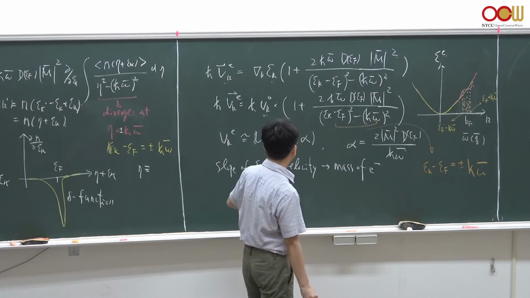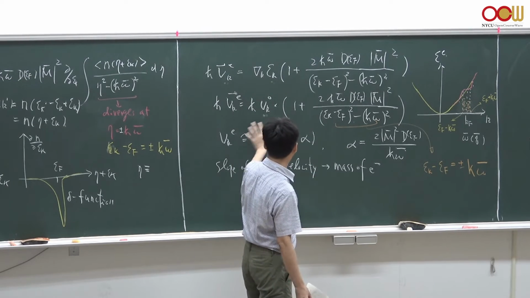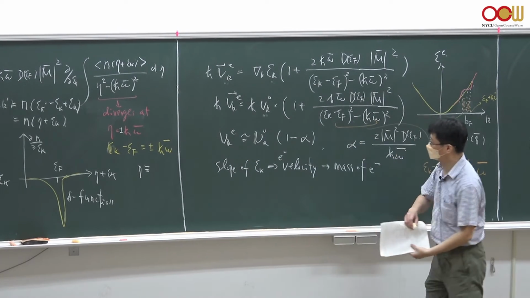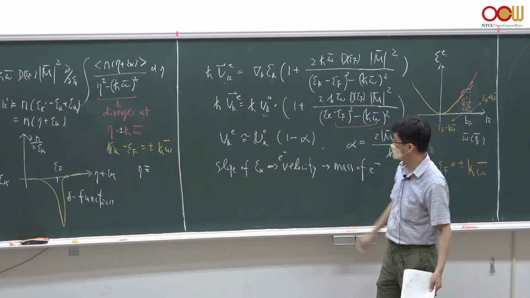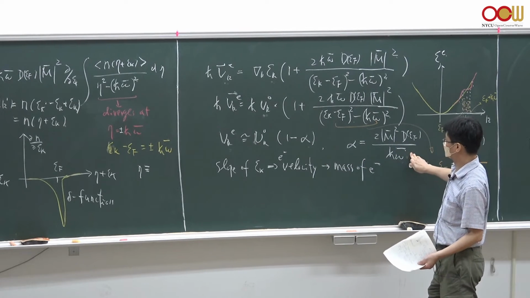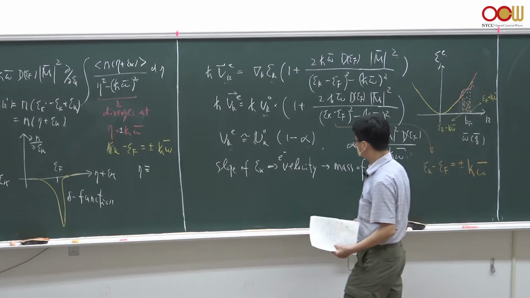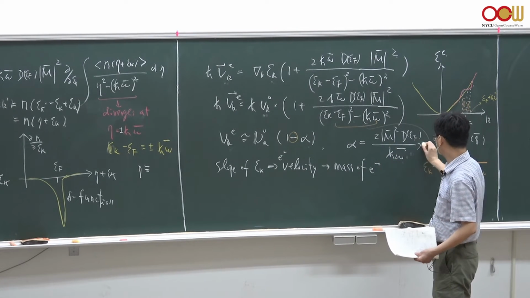So if I simply plug in this condition and simplify this expression, I get this. The new velocity of the electron is given by the unperturbed one times 1 minus alpha, and this alpha is defined here. All right, so there's an important minus sign here, and this alpha is actually a positive value.